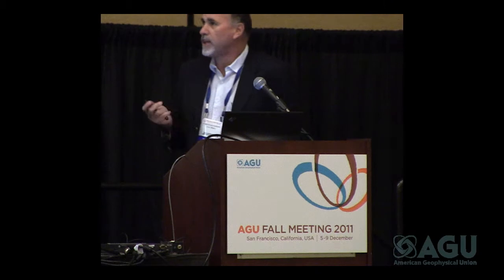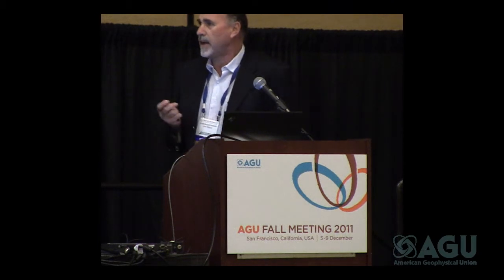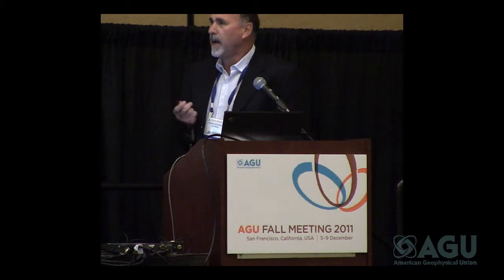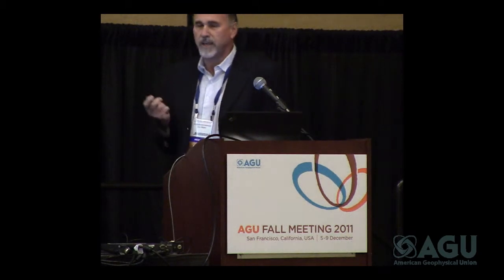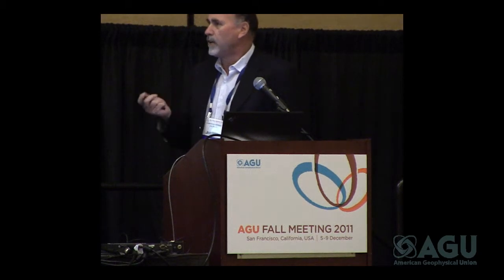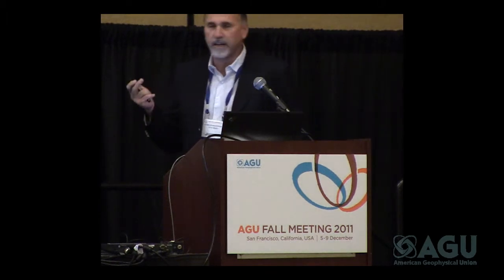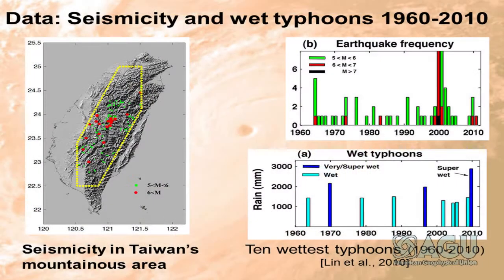So the motivation: we started looking into this issue because we noticed, especially last year, in 2010, there were 2 earthquakes that occurred within a short time after the same area. It's a tropical area that was hit by very severe wet cyclones.